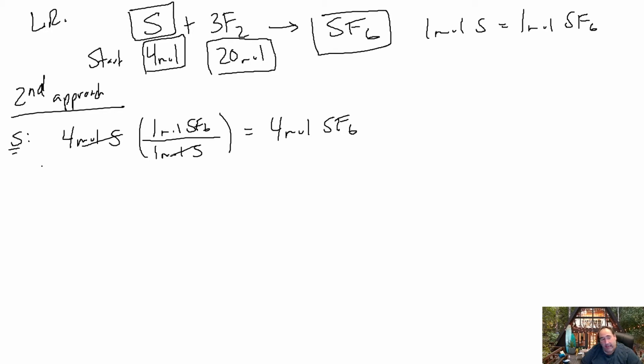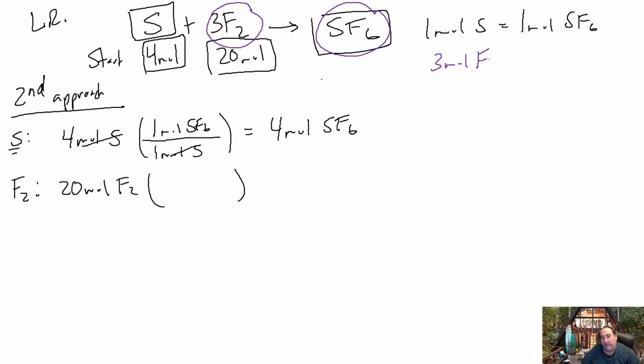We would then go back and start with fluorine, and we would start with the 20 moles of fluorine. We would do the mole to mole relationship between fluorine and our product, which in this case is a 3-to-1 relationship. So 3 moles of fluorine gives us 1 mole of SF6.